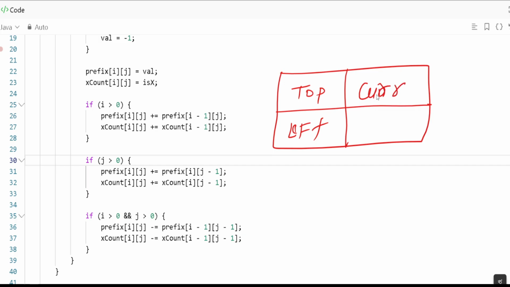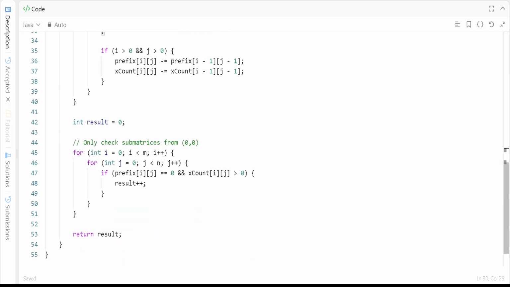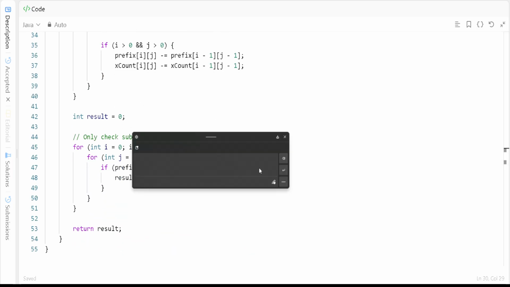So how will you add this? We have the top and left block, which is included twice, so we have to subtract it once, because that is what we are doing. And that is why, if you come down, I'll show you what we will do further.